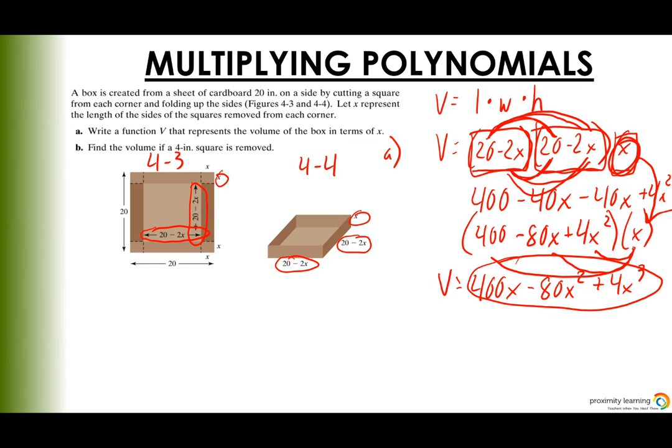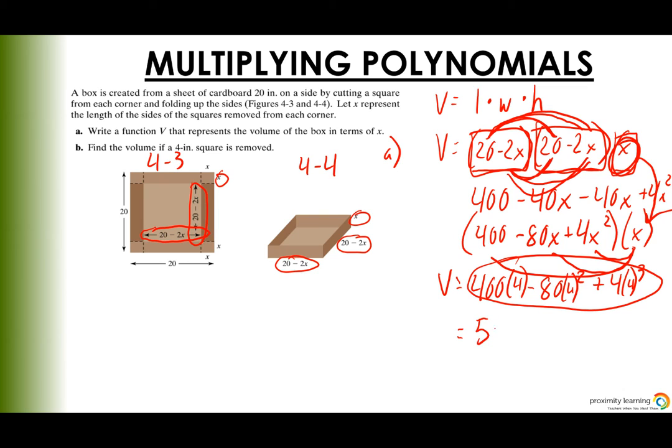So instead of x, we'll have a 4. Instead of x, we'll have a 4. Instead of x, we'll have a 4. And if you punch in 400 times 4 minus 80 times 4 squared plus 4 times 4 cubed, that will give you 576.